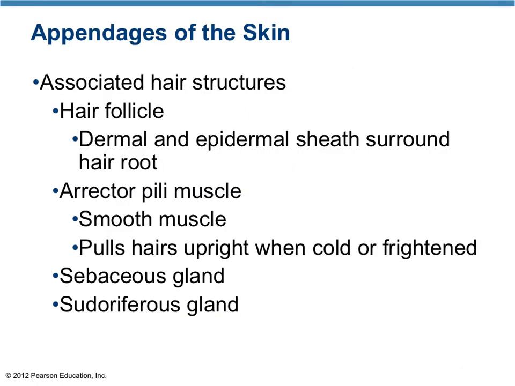The structures associated with hair include the hair follicle, where the dermal and epidermal sheath that surround the hair follicle are located. Then there are the erector pili muscles. They are made of smooth muscle, and their function is to pull your hairs upright when you are cold or frightened.